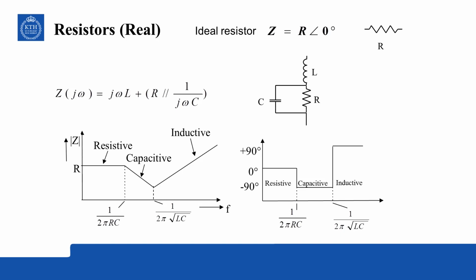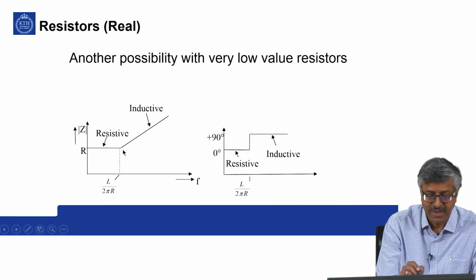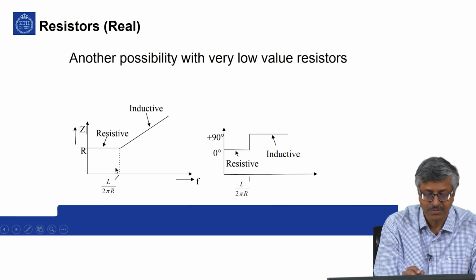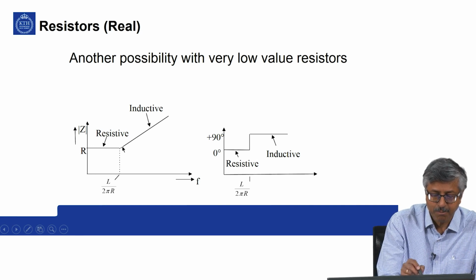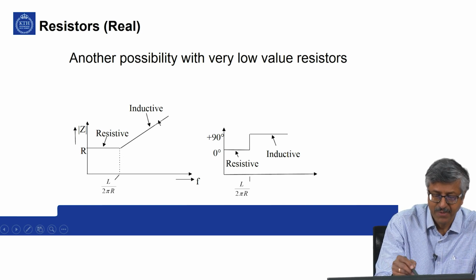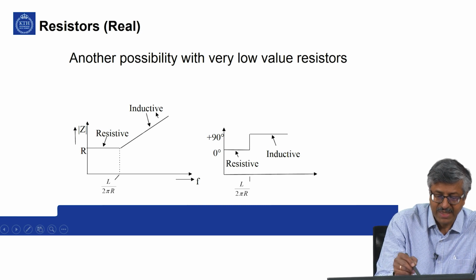So what happens in that case? This is still very large, so this is negligible. You have only L and R in the circuit. So in that case, at this frequency, when R is equal to 2 pi f L, then beyond this frequency, you have an inductive increase of 20 dB per decade.